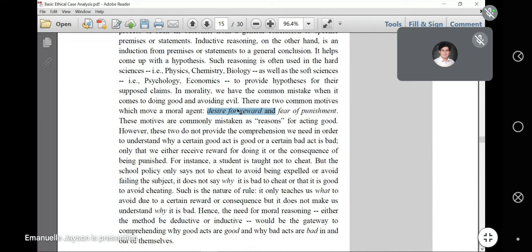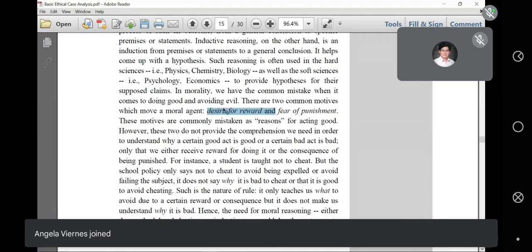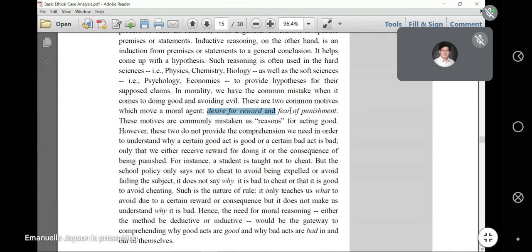Questions later on. So there are two common motives which move a moral agent: desire for reward and fear of punishment. These motives are commonly mistaken as reasons for acting good. Diba? Nabanggit ko ata to kung di ako nagkakamali. Kadalasan sa bata, tinuturo natin to.